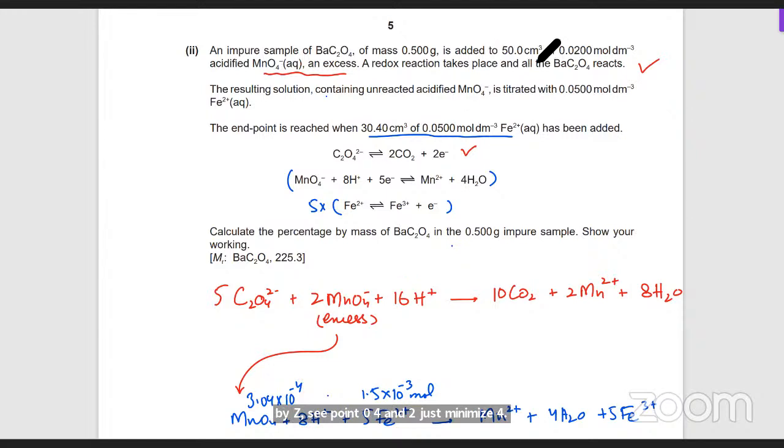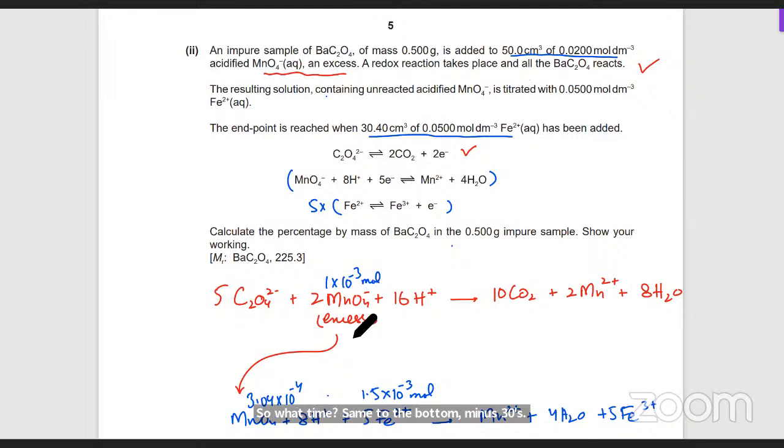Now find the moles of MnO4 that were added initially. 50 cm cube of 0.02 mole per dm cube were added. So 0.02 times 50 divided by 1000, that's 1 times 10 to the power minus 3 moles.